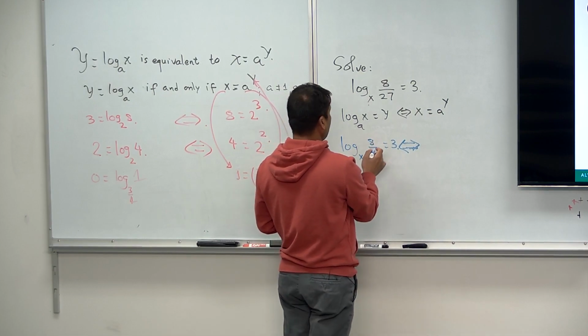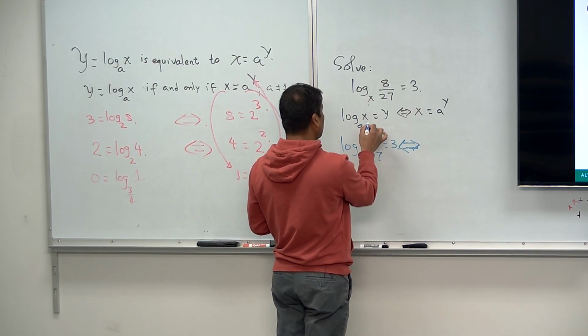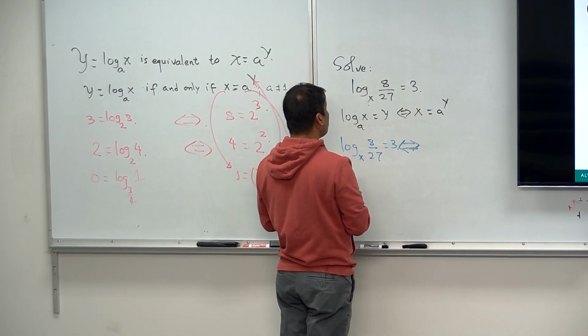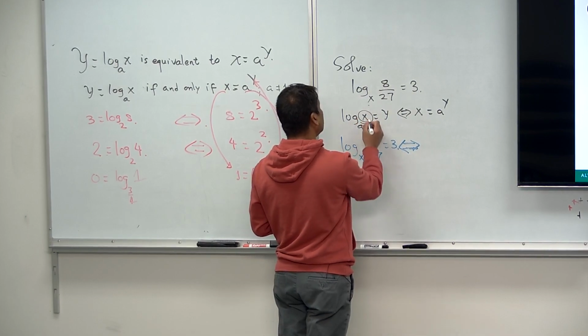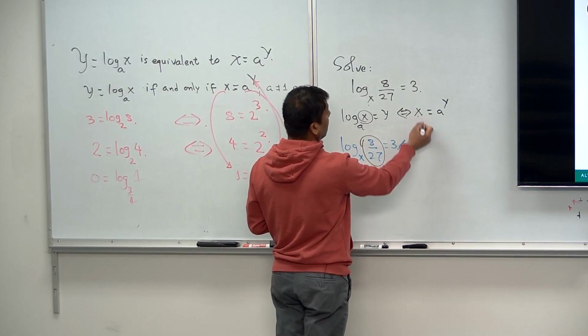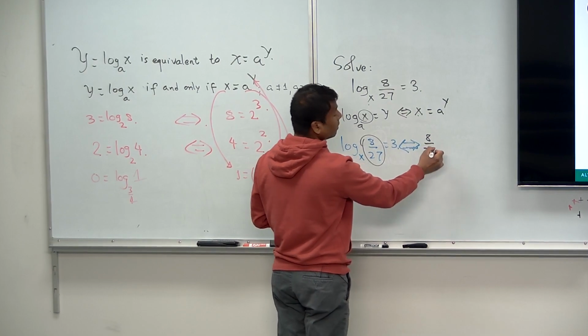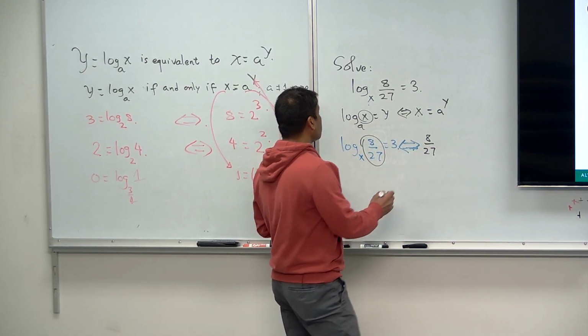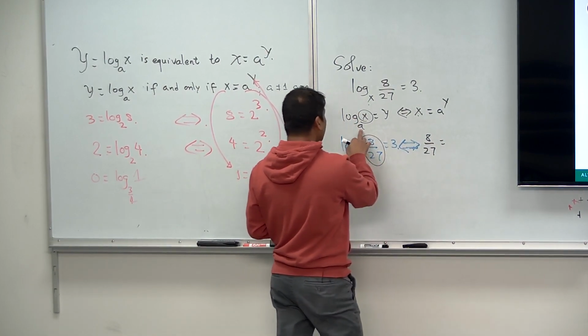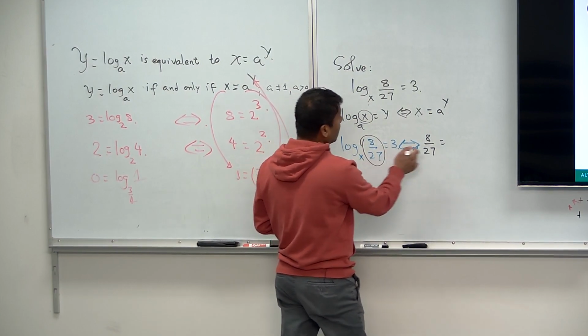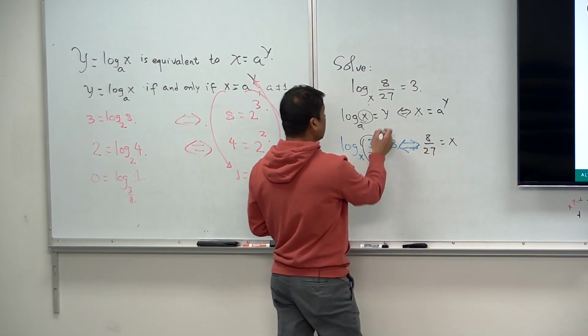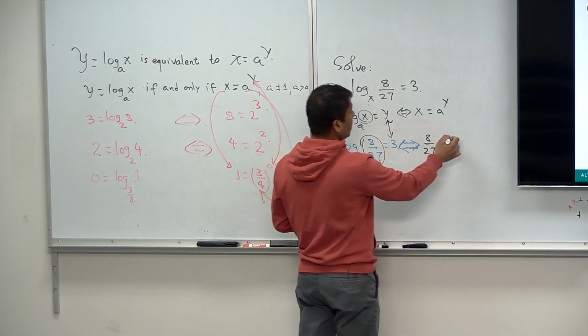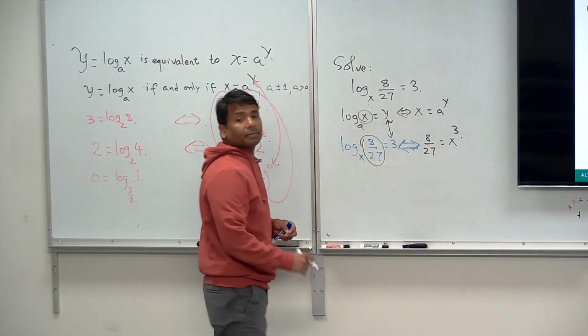In place of x, we look here guys, you have 8 over 27. So write down 8 over 27 here. Equals to, in place of a, you have x. So write down x. In place of y, you have 3. So x cubed equals that. Make sense?